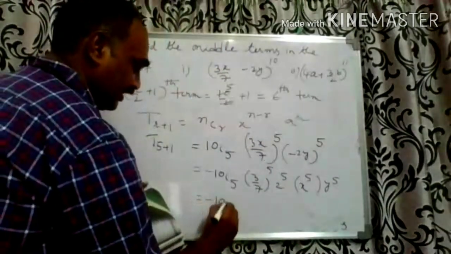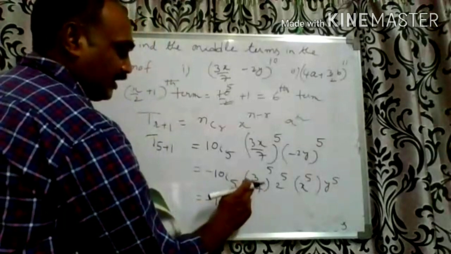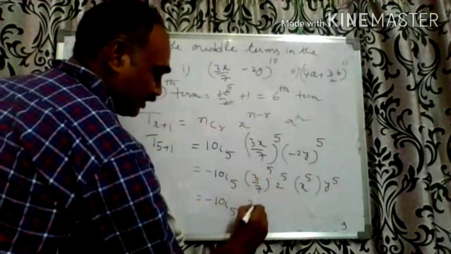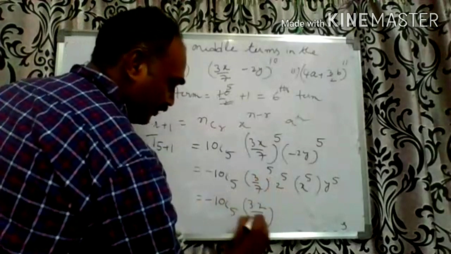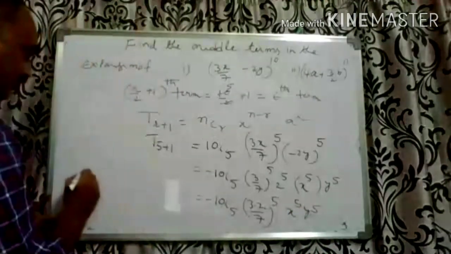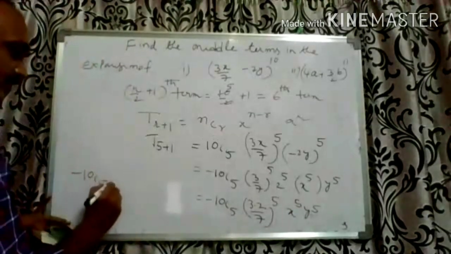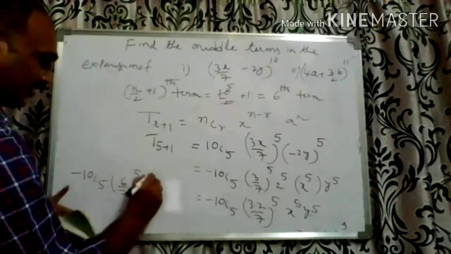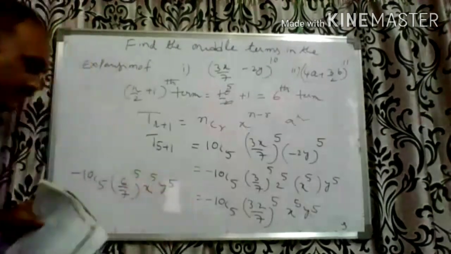That is equal to minus 10C5 into (3/7) whole power 5 into 2 power 5, so 3 into 2 by 7 whole power 5 into x power 5 into y power 5. So the final answer is minus 10C5 into (6/7) whole power 5 into x power 5 into y power 5. This is the final answer.